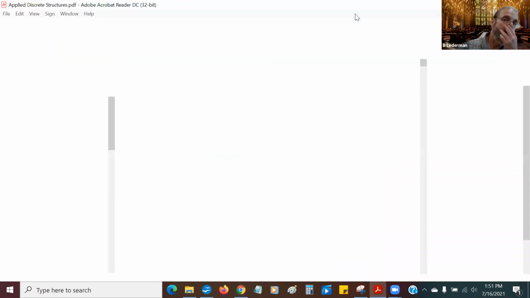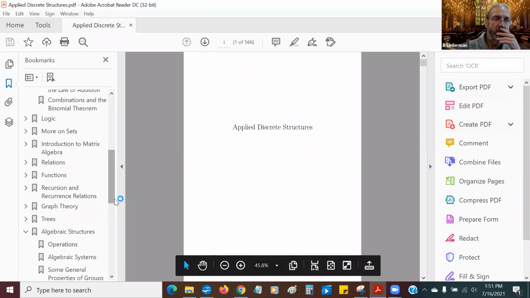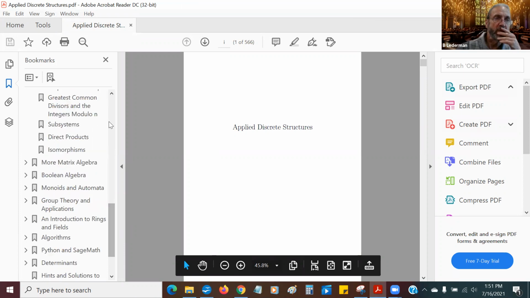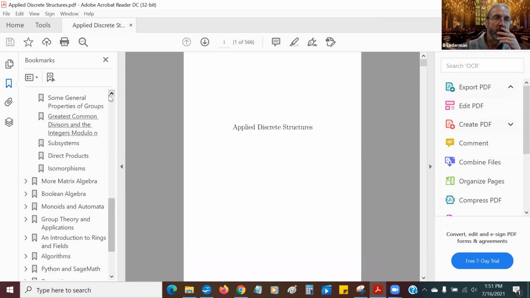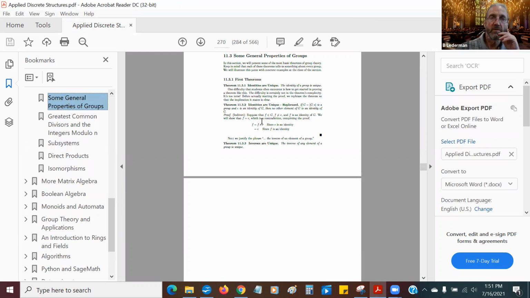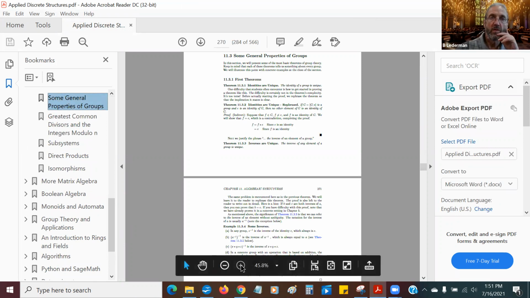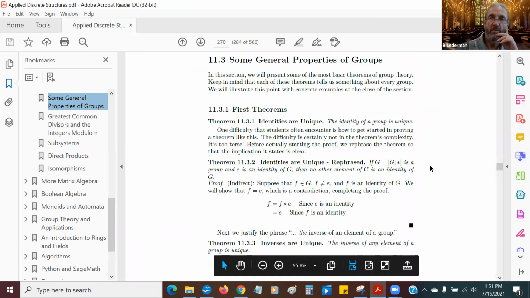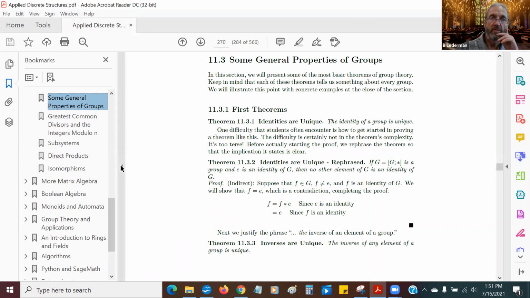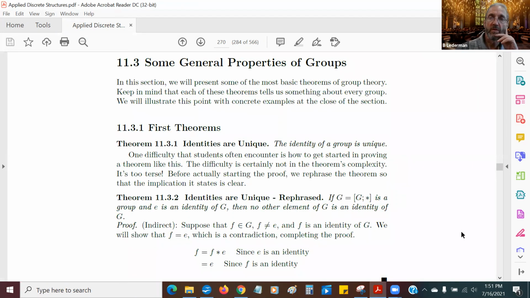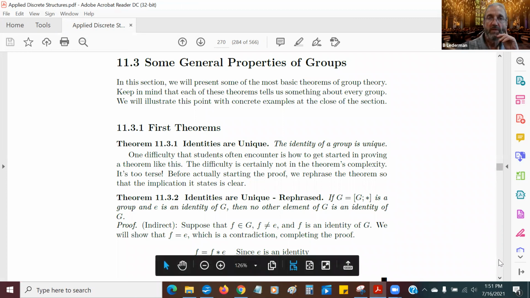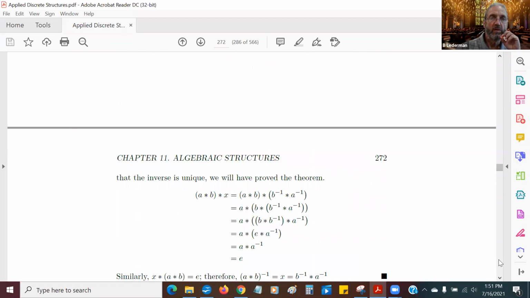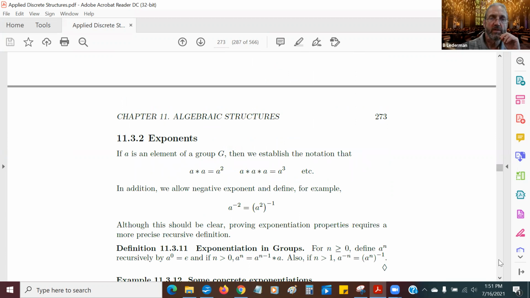Discrete structures. Definition of a group.